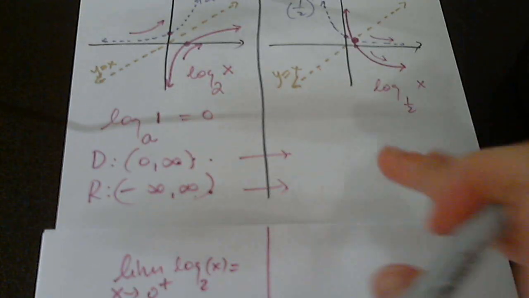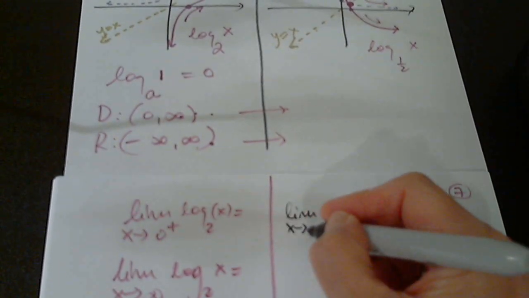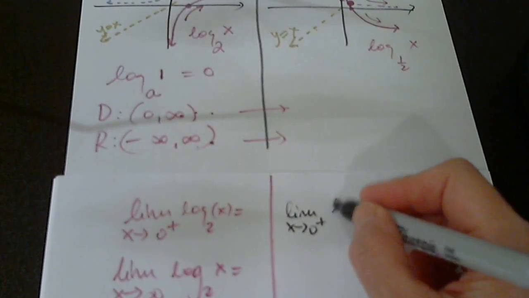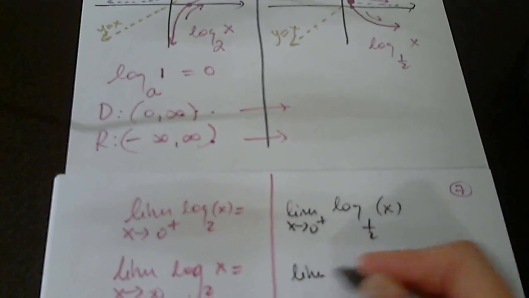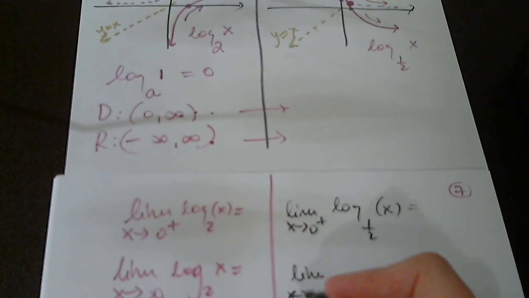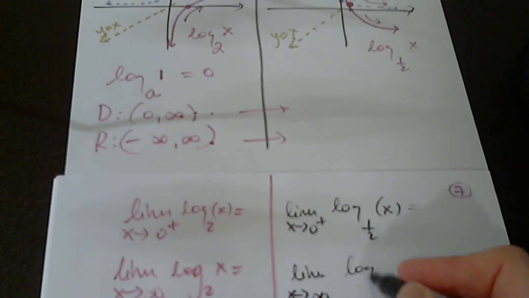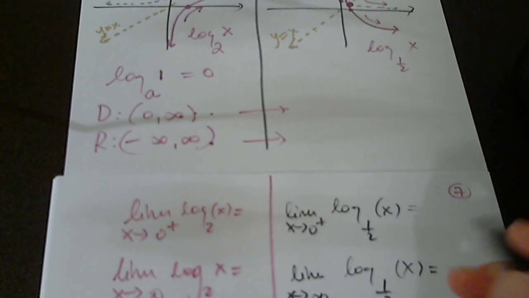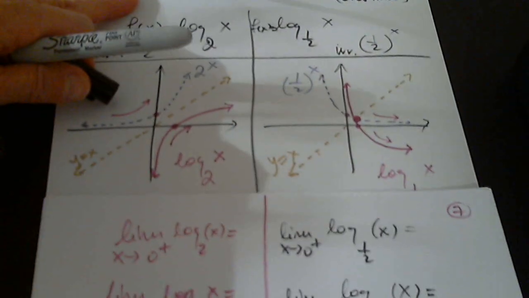And the other one, on the other side, limit as x approaches 0 from the right of log base 1/2 of x, and limit as x approaches infinity of log base 1/2 of x. So let me make sure you can see the graphs.